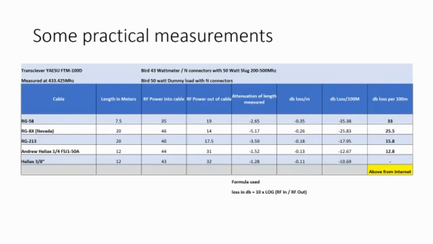For 100 meters, 12.6 dB comes in pretty close to the specification for Andrews. The 3/8 Heliax is better again because it's a larger diameter Heliax. I don't know the type of that cable, so I can't look up the specification, but I'd be pretty confident that it's a pretty good piece of cable.